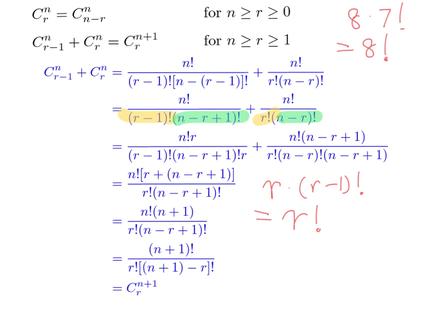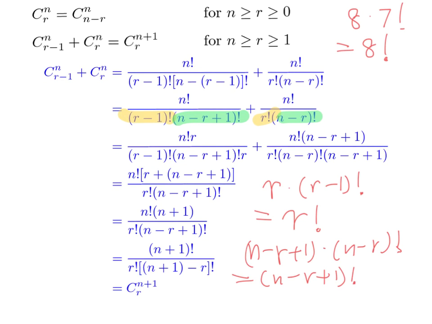So we have n minus r plus 1 times n minus r factorial is equal to n minus r plus 1 factorial. So here we multiply both the denominator and numerator by n minus r plus 1.